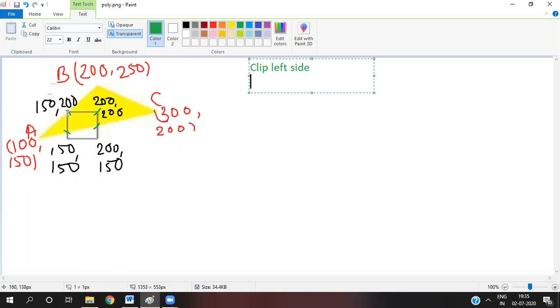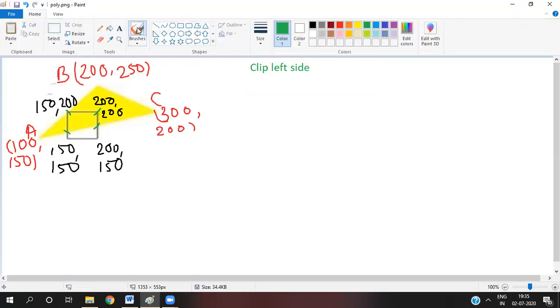The second intersection point is already calculated because it is passing through a window vertex, 150 comma 200, so no need to calculate it, but we need to calculate this particular intersection point. Say the intersection point is I1.